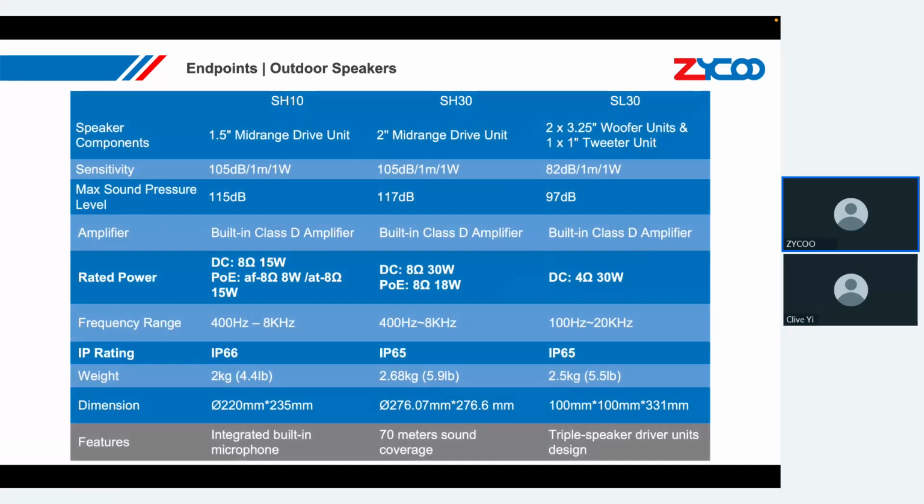And here we can look at the parameters to see the difference between the 3 different models. So as you can see, the SH30, we recommend using it for noisy outdoor environments like along the streets, because it has a higher maximum sound pressure level.